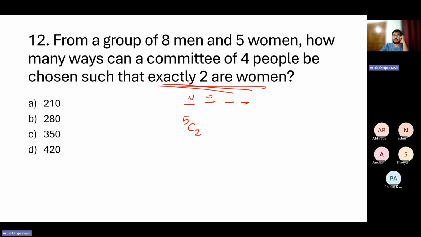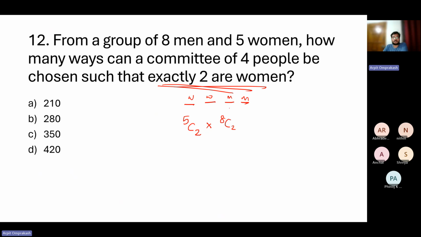and we need to have 2 men on the committee also, because there are 4 people. So this will again be multiplied by 8C2 because there are 8 men and we are choosing 2 men. So this basically divides out into 2 combinations. We have 5 women, out of which we are choosing 2 women for the committee, and we have 8 men, out of which we are choosing 2 men for the committee.